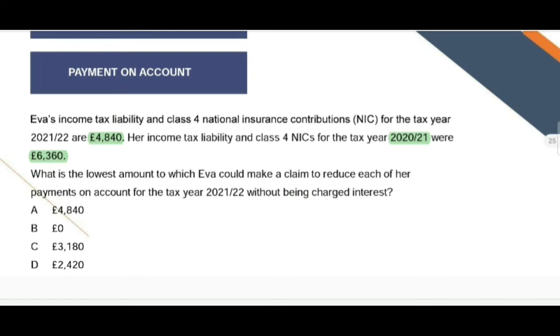Now the question is, what is the lowest amount to which Eva could make a claim to reduce each of her payments on account for the tax year 21-22 without being charged interest? So the lower amount of tax, 4,840, would be considered, and half of this would be 2,420, which is said to be the lowest amount that could be claimed to reduce each of her payments on account.